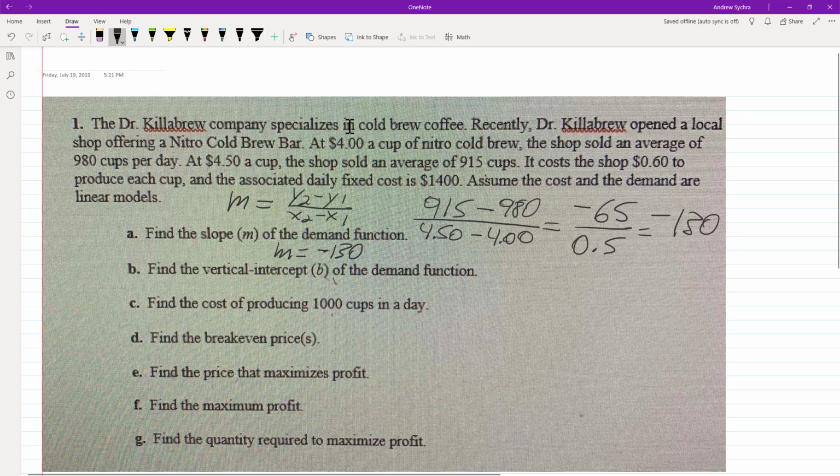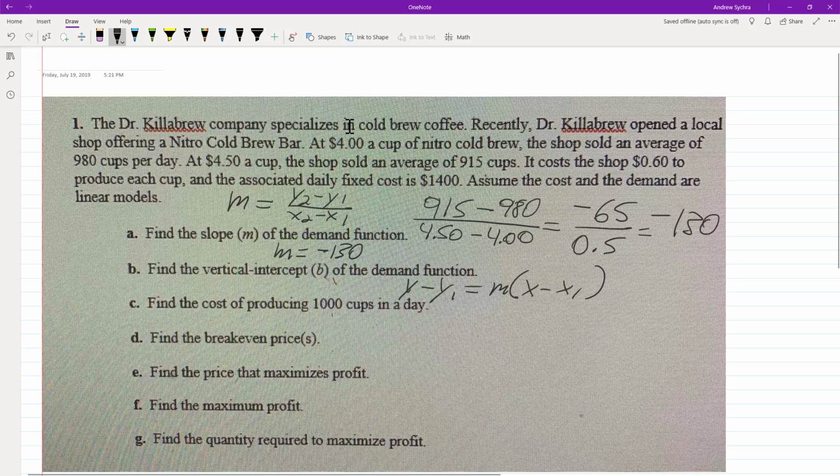All right, so next part, find the vertical intercept of the demand function. What we do for this is we're going to do the point slope form, so it's going to be y minus y1 equals m times x minus x1. y is just the generic y, and y1 is a point.